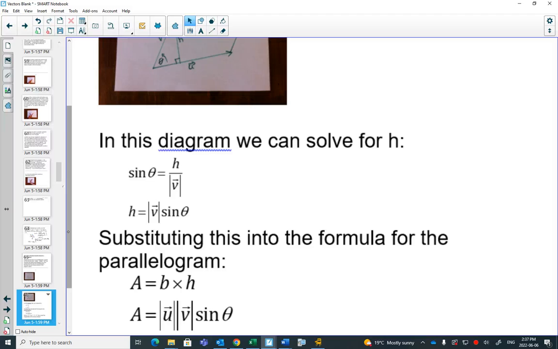In my formula, base times height, my base is the length of my vector u. My height, substituting it back in, becomes v sine theta. So the number in front of your cross product, without that unit vector, is the area of a parallelogram.